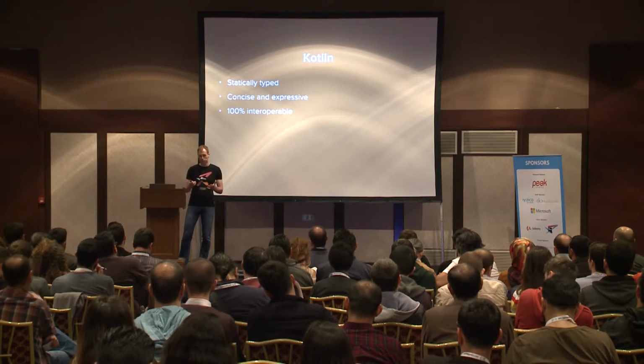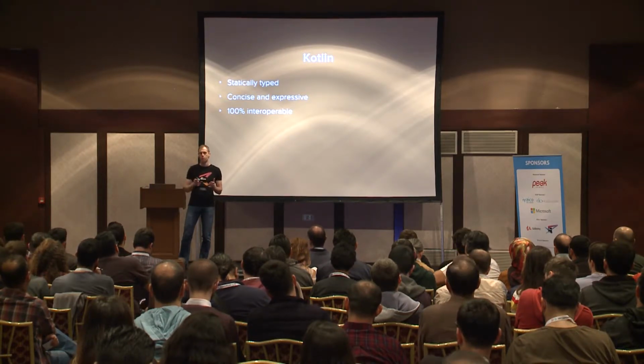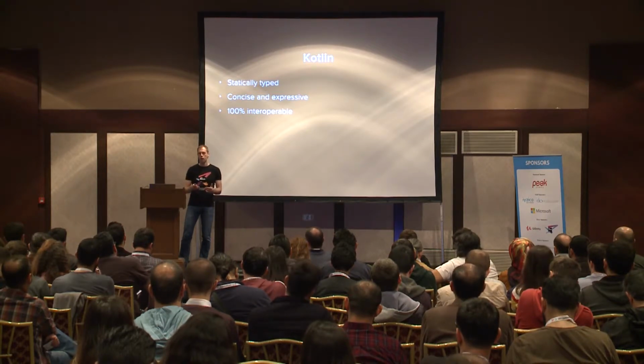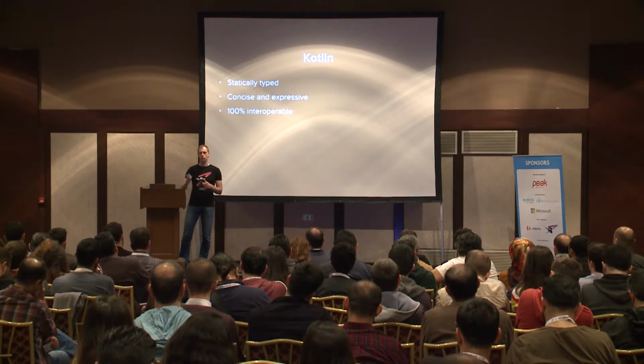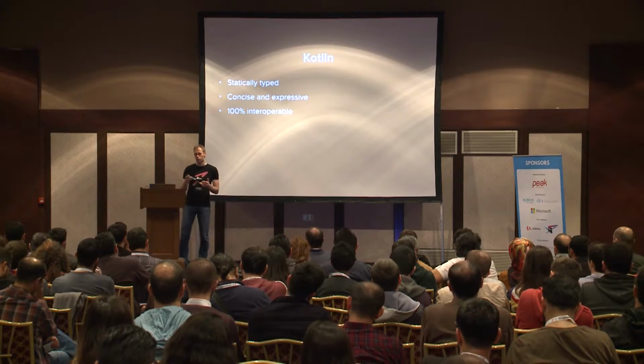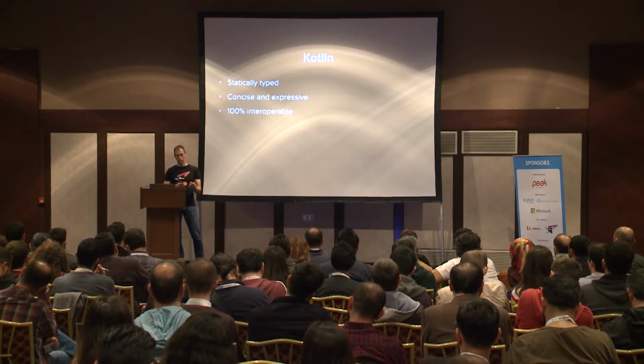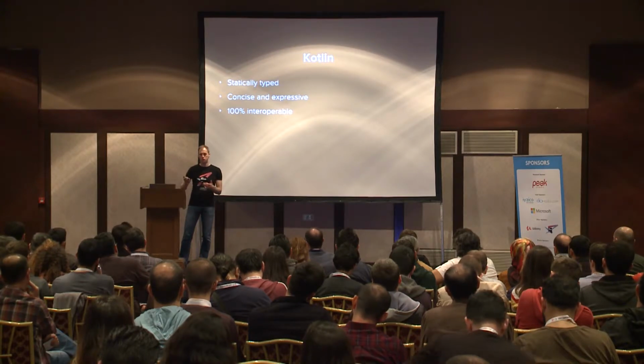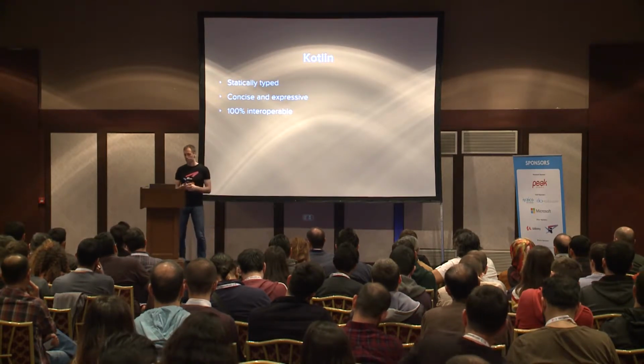and I think it was one of the pillars of success of Kotlin, is that it is 100% interoperable. For example, on the JVM, it is 100% interoperable with Java, and actually in both ways. You can extend Java from Kotlin, you can extend Kotlin classes from Java, you can use Java from Kotlin and vice versa.